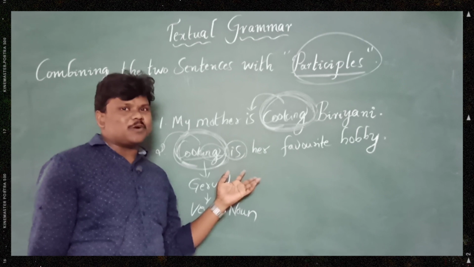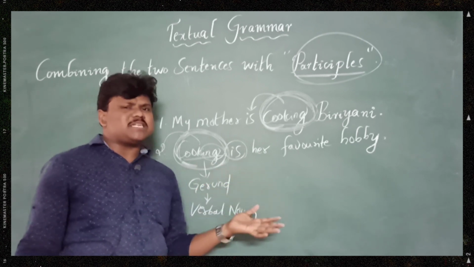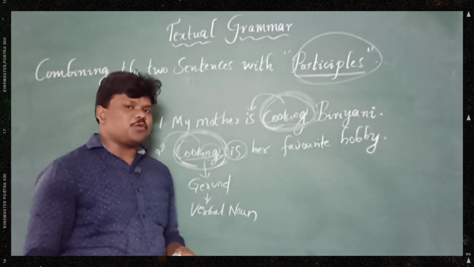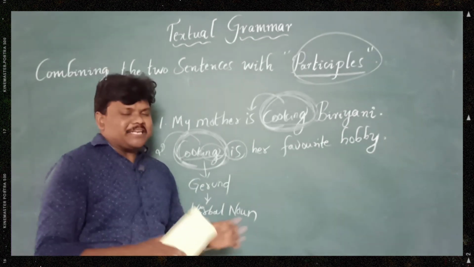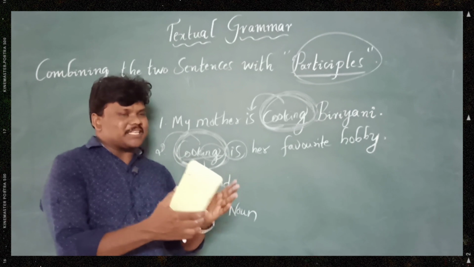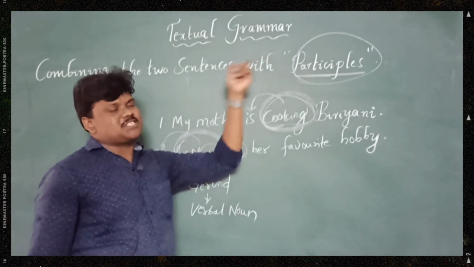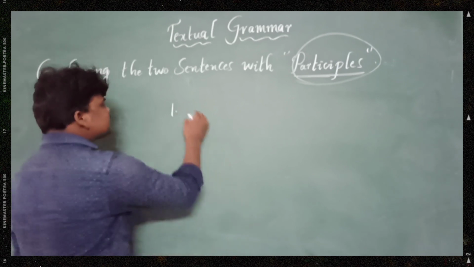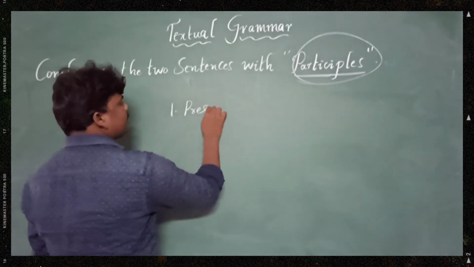Without knowing these two, what is meant by present participle, what is meant by gerund, it is impossible for you to combine the two sentences. So, mandatory, my dears. How we need to combine the two sentences together using participles. The first and foremost thing, present participle.